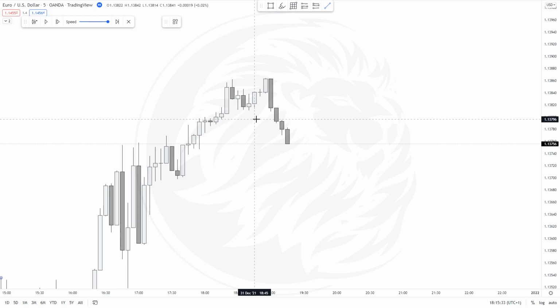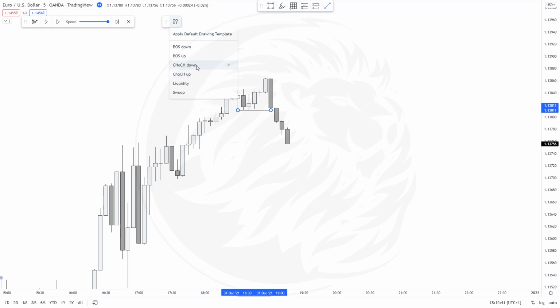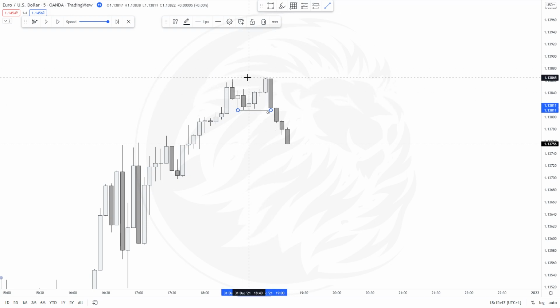We have a touch at this point here, and this makes this order block totally valid, because we have the change of character here and we have a sweep of liquidity. As I told you in the previous video, a sweep of liquidity is also a rule to create an order block.